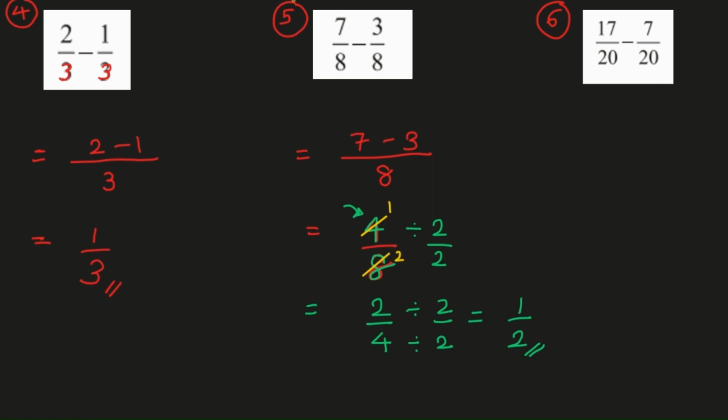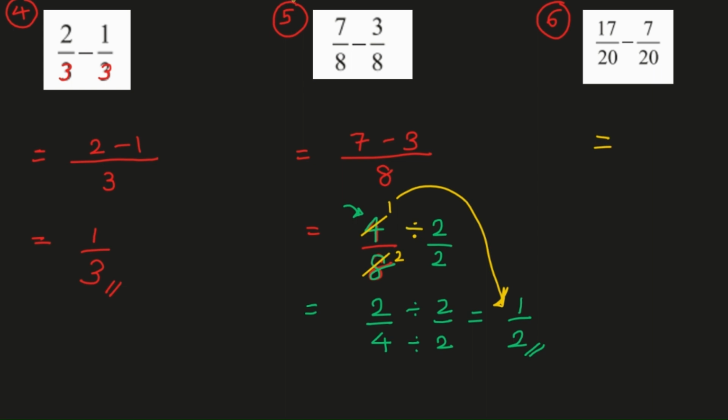So 1 upon 2, you could have taken directly. Understood? No issue. I just showed the longer way in order to show you the calculations. If you can take 1 upon 2 directly, just take it. Okay, now let's go to the next question.